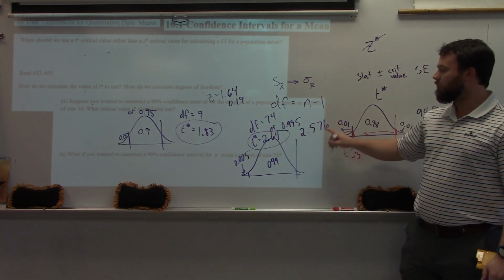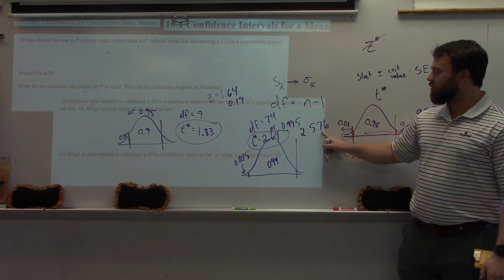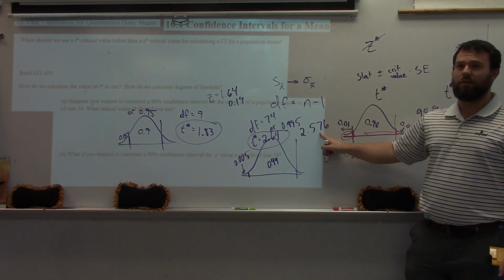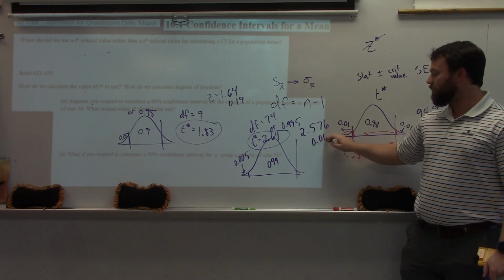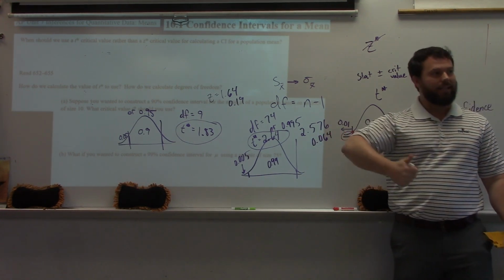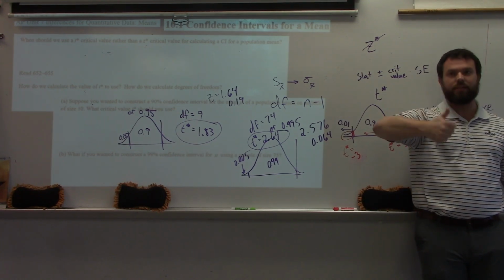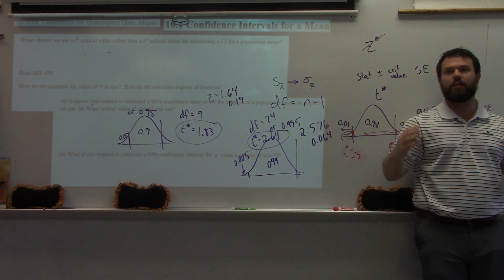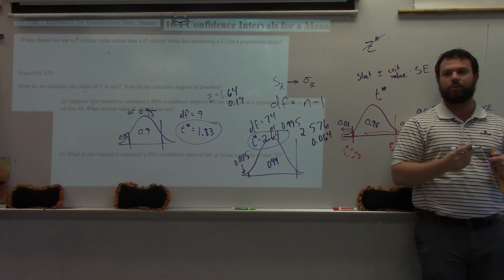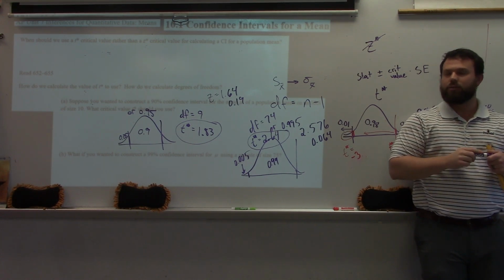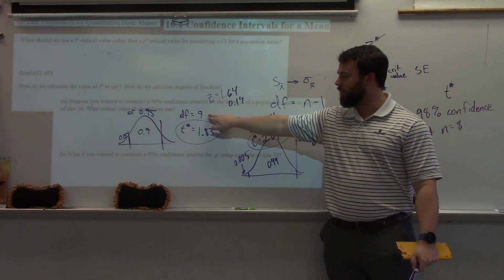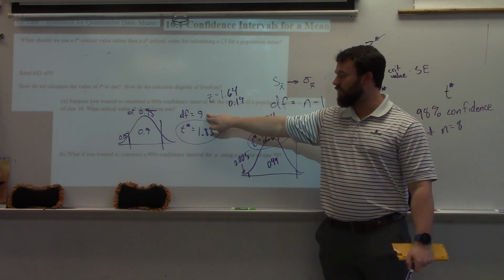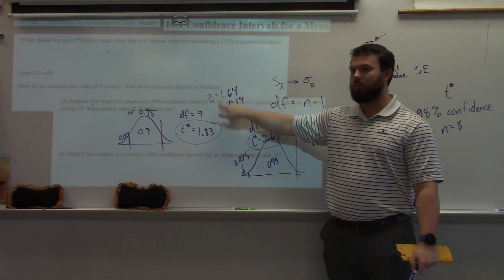But my point is this, and I want you to understand. As my sample size increases, my t distribution gets closer to the Z distribution. For degrees of freedom of 9, a sample size of 10, the Z and t are pretty far apart.